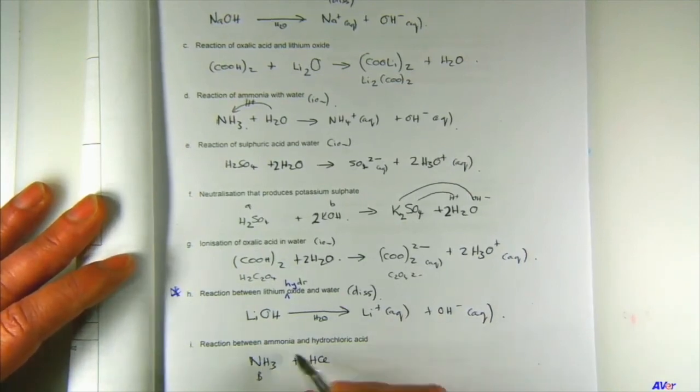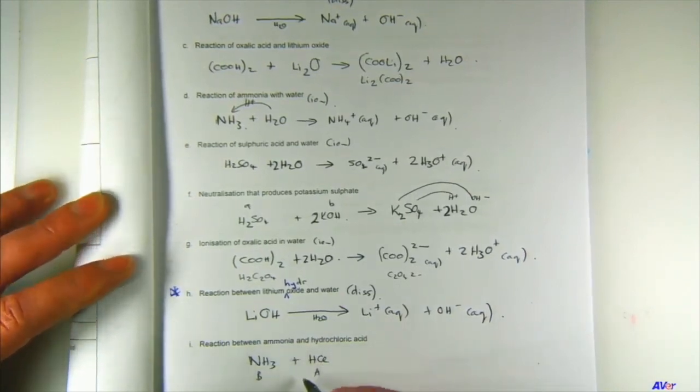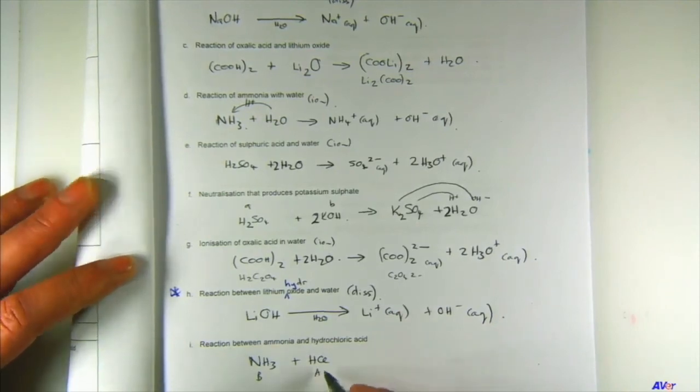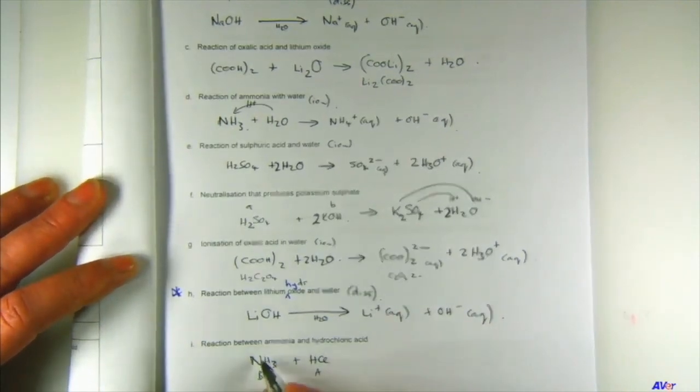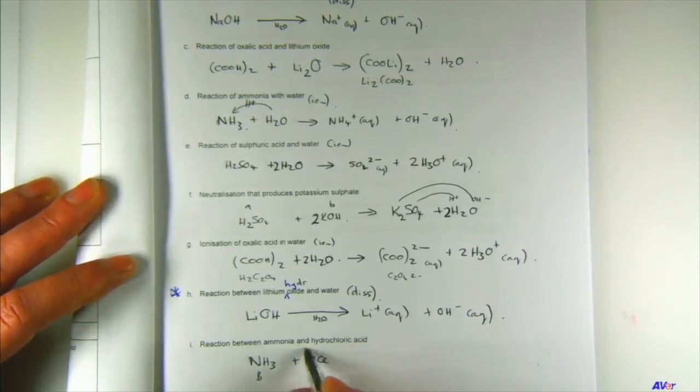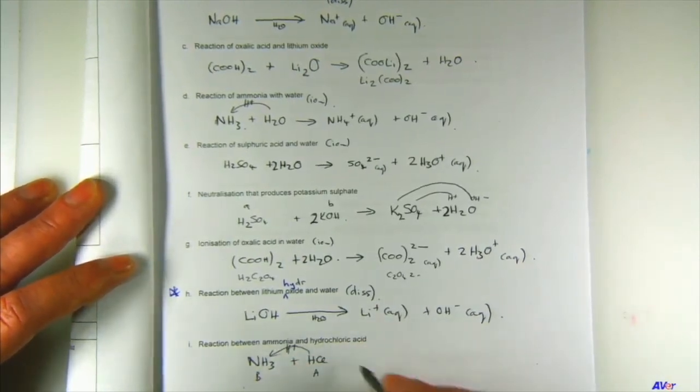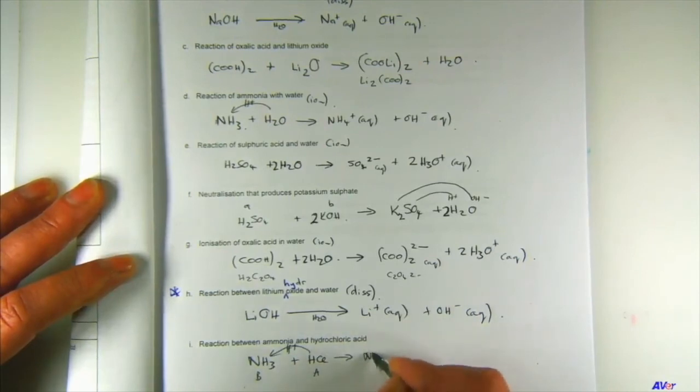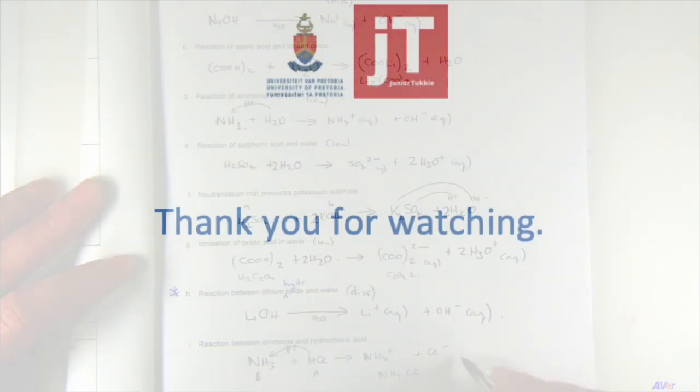So in this instance, this is the base, that is an acid. The acid is a proton donor, the base is a proton acceptor. So you're going to have a proton donated and accepted. And then you will end up with NH4 plus and Cl minus, or you may even put them together to give you NH4Cl. Right.